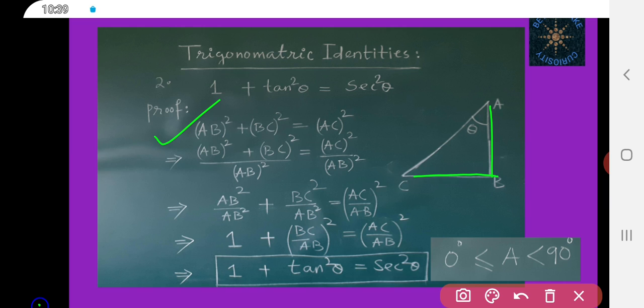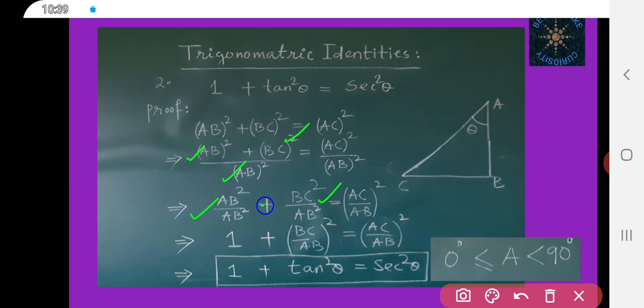Now you divide both side by AB square, okay, both side. Then now you separate the term, AB square by AB square, you can write BC square by AB square.